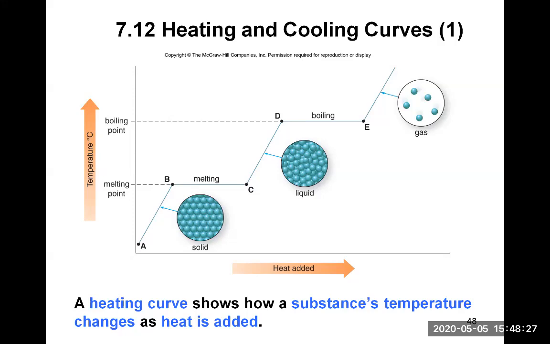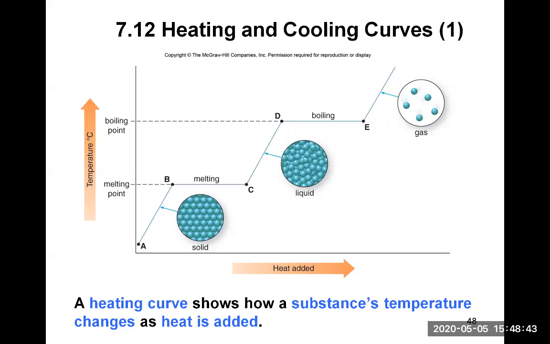And so all the heat that is added will change the liquid into a gas, and the temperature cannot increase until all the liquid has been changed into a gas. And that's when you reach point E.